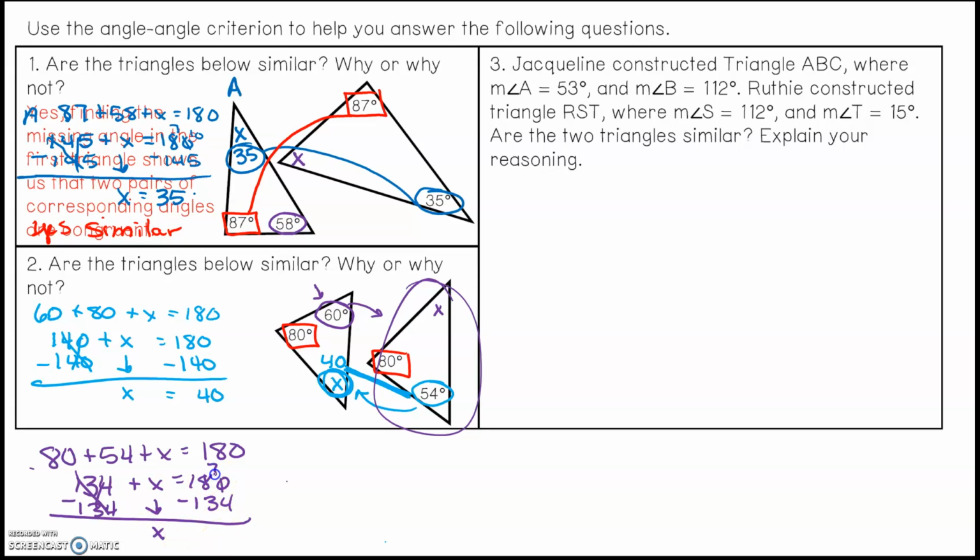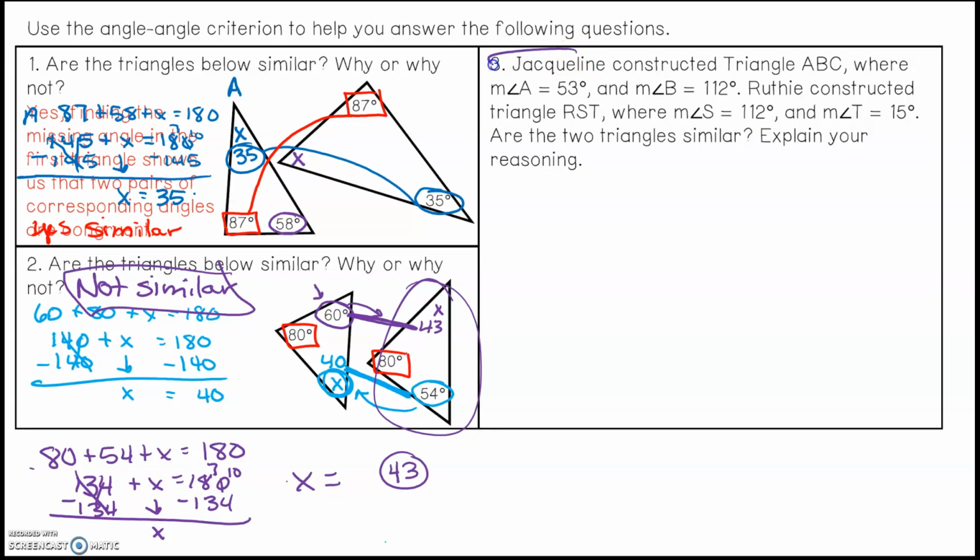And then we do our subtraction here, a little borrowing. So x is going to be 43 degrees, and it does not have the same degree measure. So we only have one set of corresponding congruent angles, which means these are not similar triangles. Only one set of corresponding congruent angles.